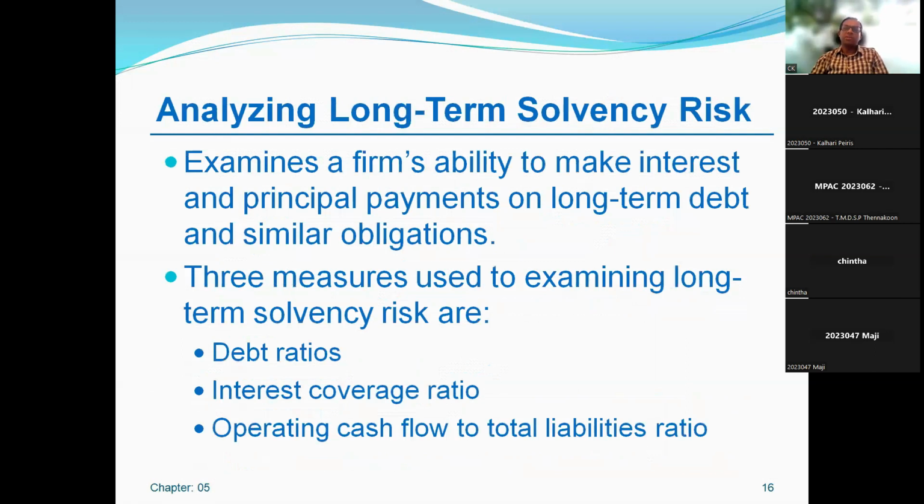Then we talk about long term. So we discussed the short term up to now, right? How we handle the short-term finances and short-term cash management. Then we have long-term solvency risk.